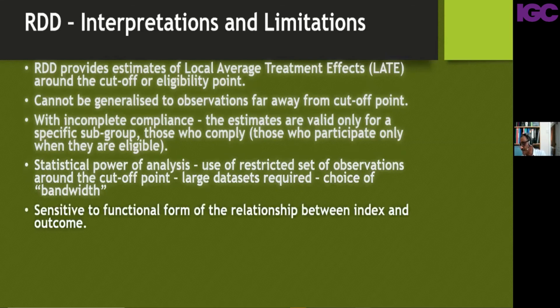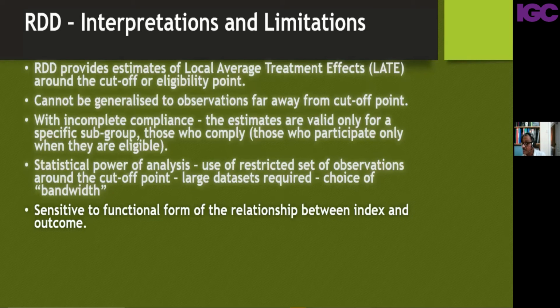Now, another point to note is that the RDD design is sensitive to the functional form of the relationship between the index and the outcome. So in the example that we took, we decided to use a linear relationship.